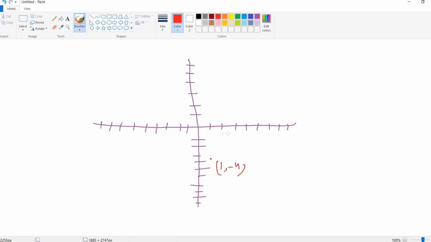This is 1, 2, 3, 4, 5. This point is 3, 4, 5, 6, 6, 4.